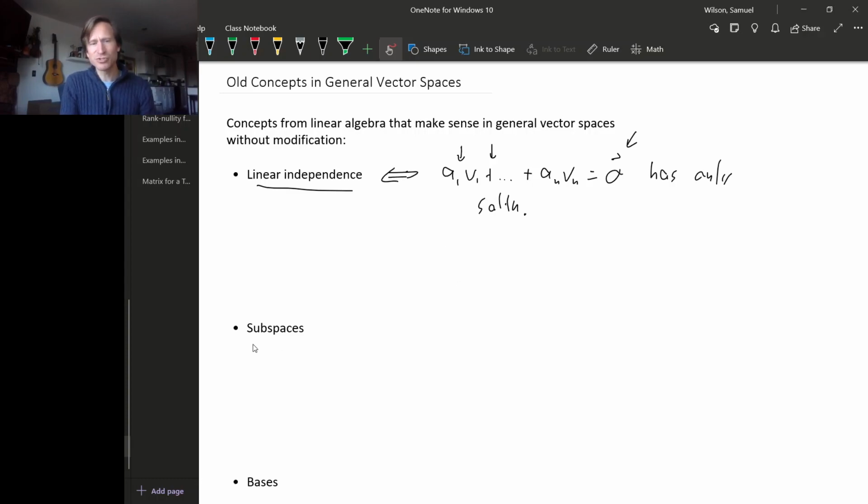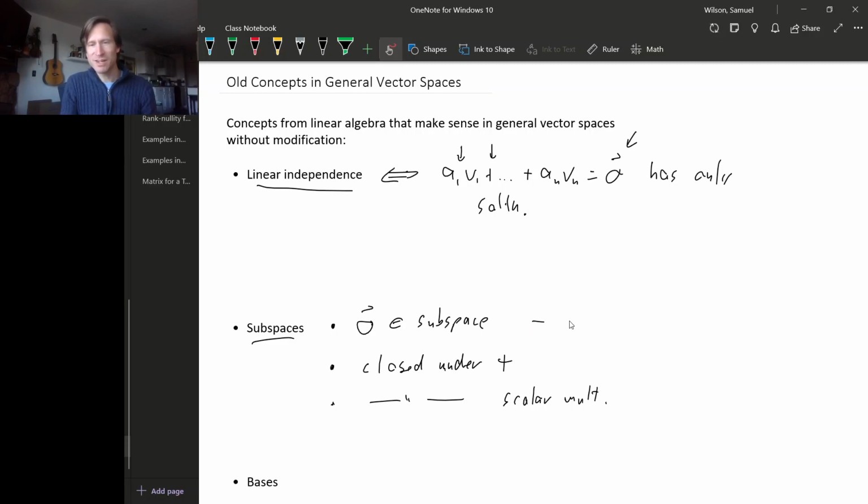And the same is also true for subspaces. A subspace is some subset of vectors that contains 0, so 0 has to be in your subspace, and your subspace has to be closed under vector addition and also closed under scalar multiplication.